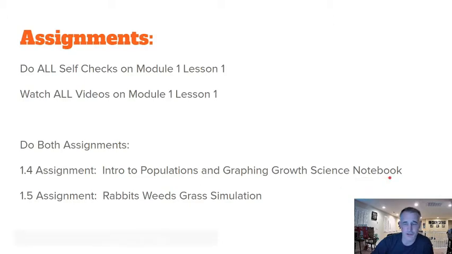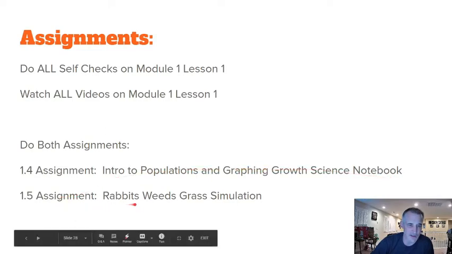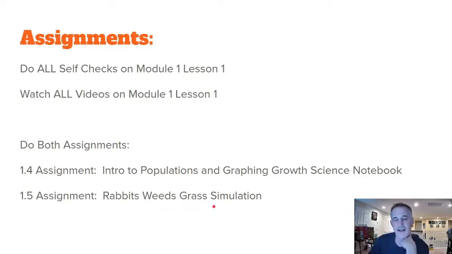You have to watch 3 videos and then respond to the writing prompts and send that in to me. It's worth 15 points. And then you have another assignment, which is the rabbits, weeds, grass simulation. This is an external link that takes you to a simulation where you can manipulate some of the different parts of the graph and the simulation to control it. So you follow the instructions on that and then answer the questions on that as well.